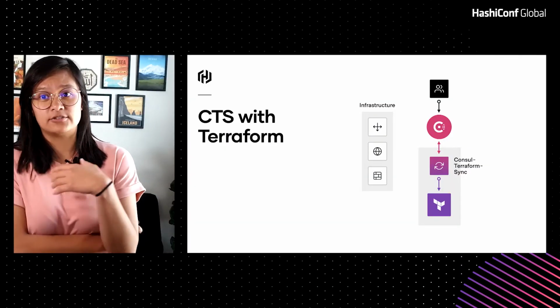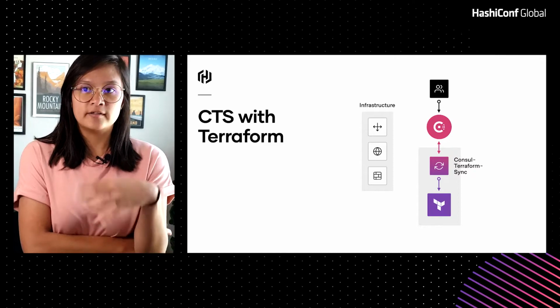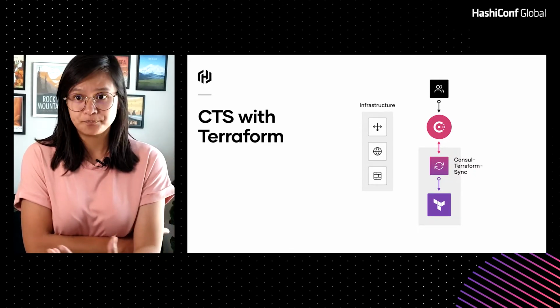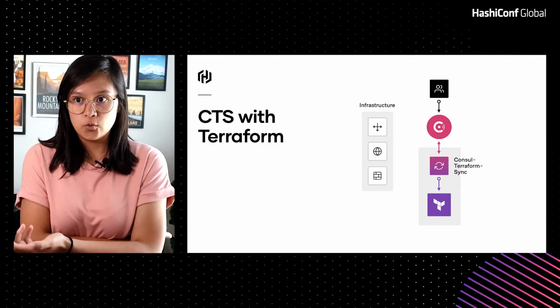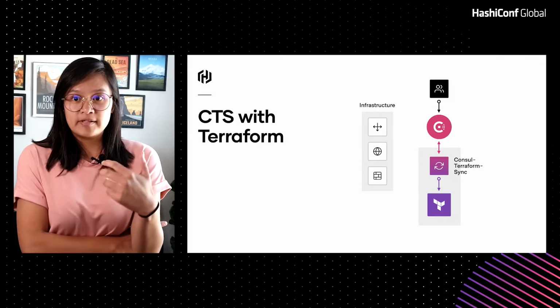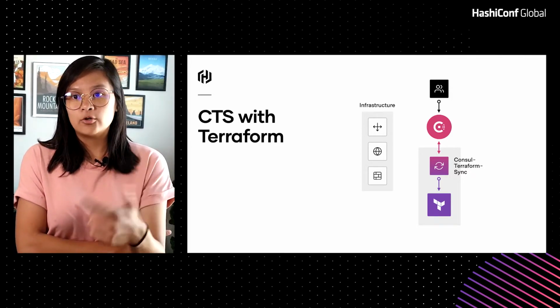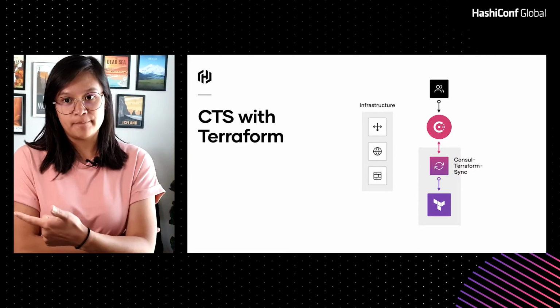And what's awesome about leveraging Terraform in this manner is that CTS is completely modular because it builds off of Terraform, which is modular. You can declare what infrastructure or resources you want to update based on Consul discovered changes. And that could be something like a firewall, a load balancer, or really anything that has an API and a Terraform provider.